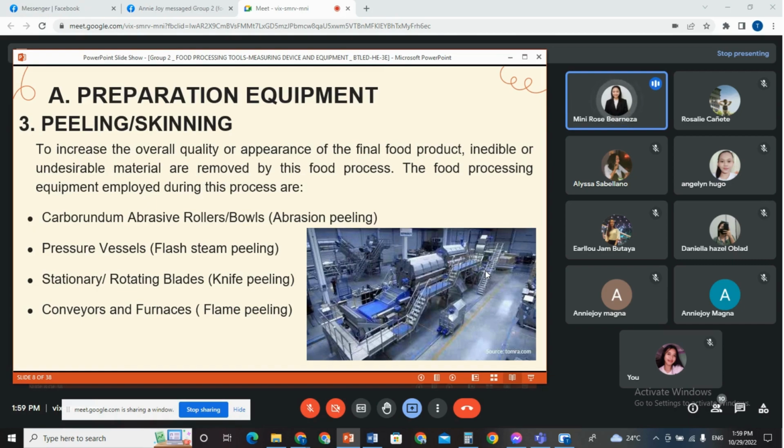You can see here in the pictures we have this kind of machine, used for peeling or skinning vegetables or any kinds of foods placed in the machine. Also carborundums, pressure vessels, stationary or rotating blades, conveyors, and furnaces or flame peeling.